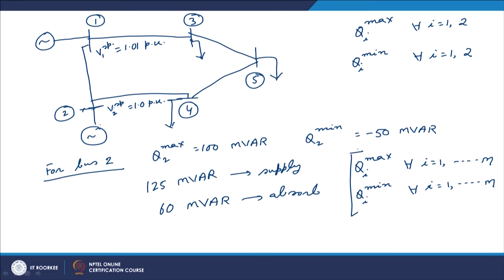Now, before we go for the actual algorithm, we need to also discuss another thing. We have already said that we do not have to solve for the voltage magnitude and angle for the slack bus, because at the slack bus the voltage magnitude and angle are already specified. So we do all calculations only starting from bus 2 and onwards.